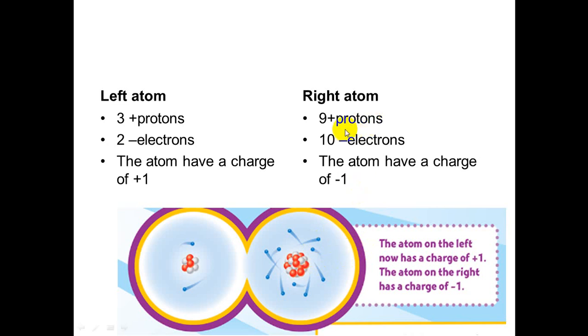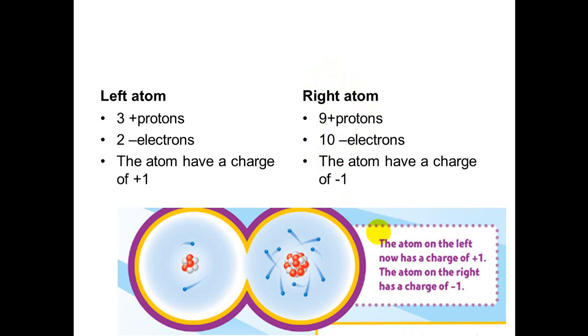Why? Because here we have 9 protons and 10 electrons. Which one is more, electrons or protons? The protons 9, the electrons 10. So the atom has a charge of minus 1.